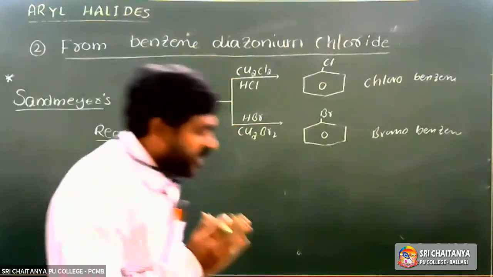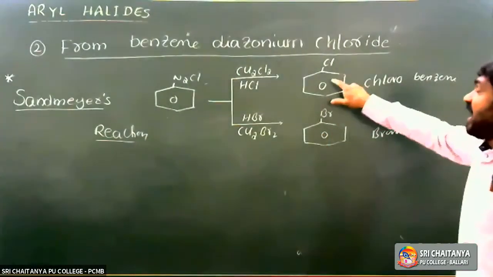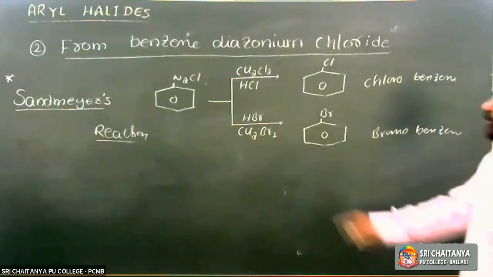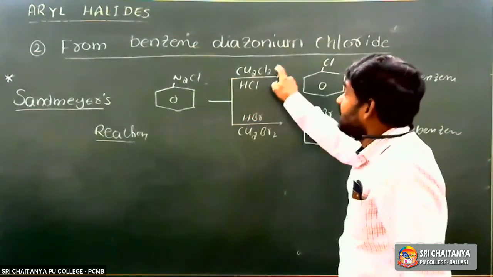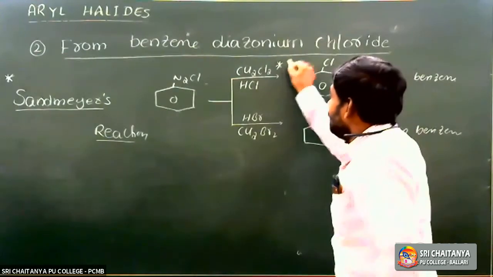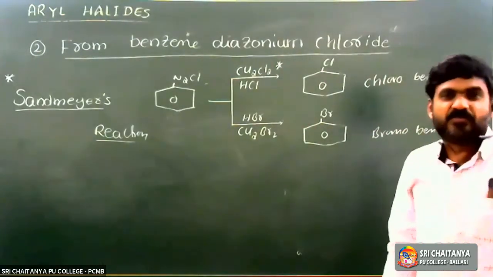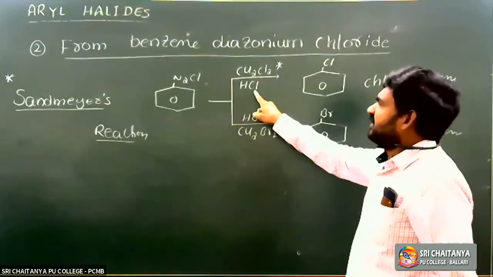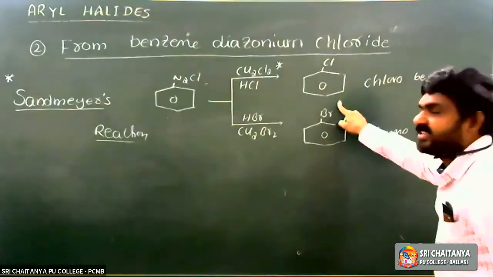By the Sandmeyer reaction, we can prepare haloarenes. Benzene diazonium chloride reacts with HCl in the presence of cuprous chloride, the reagent is very important, and it gives chlorobenzene.